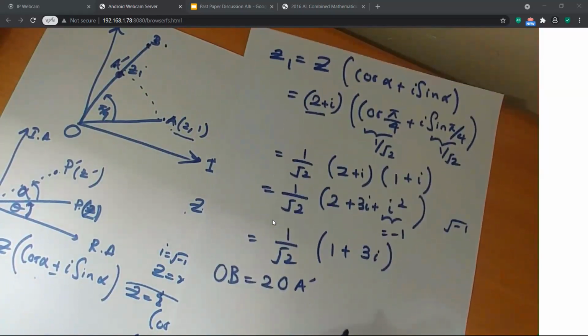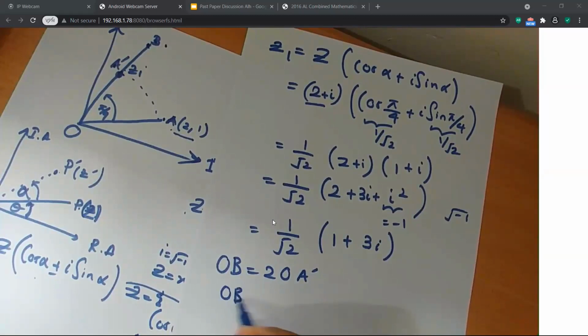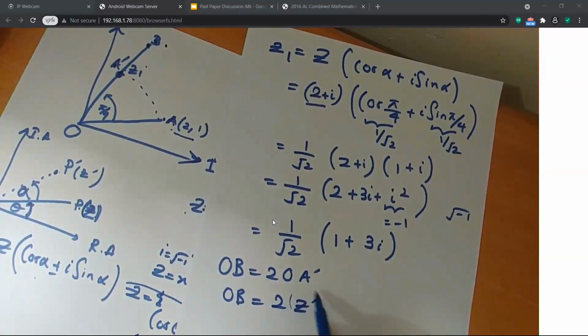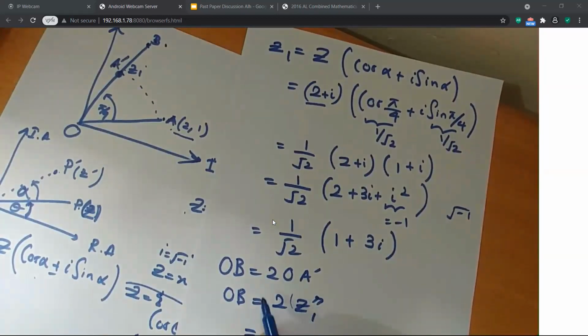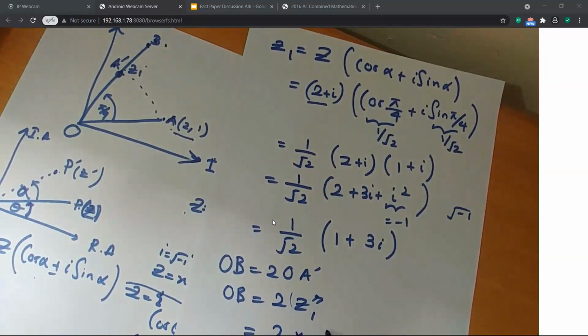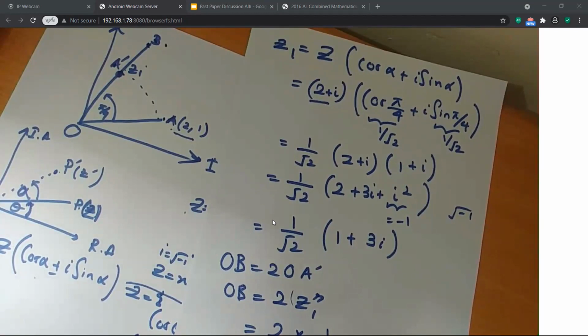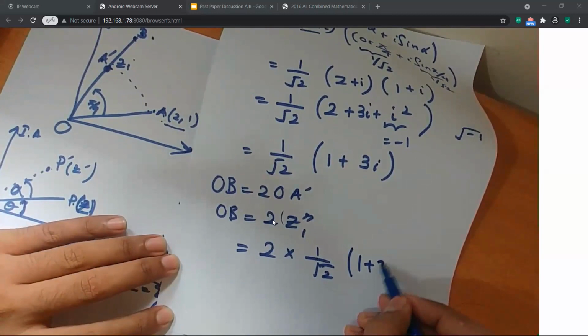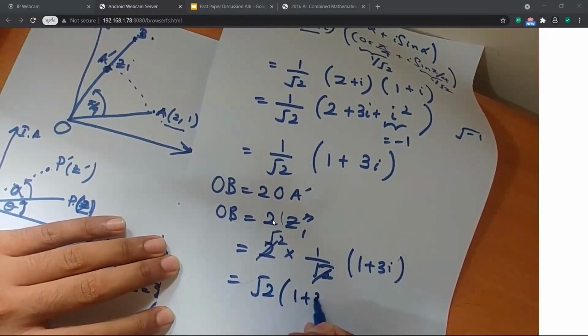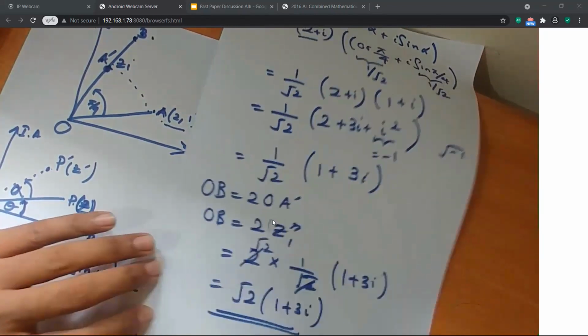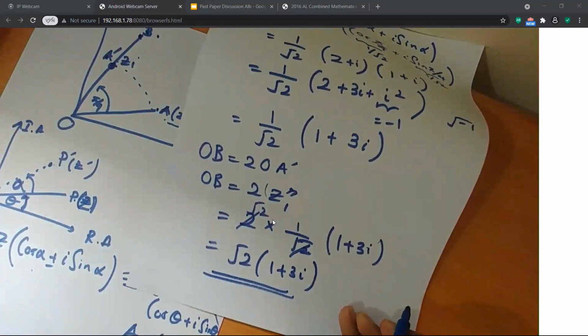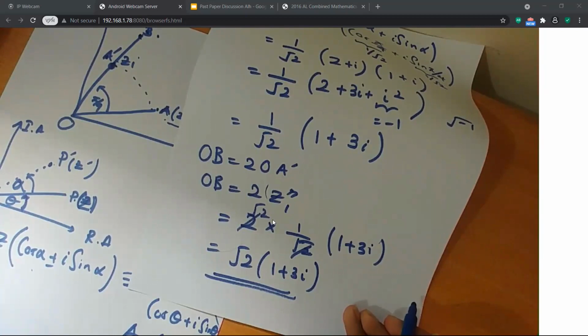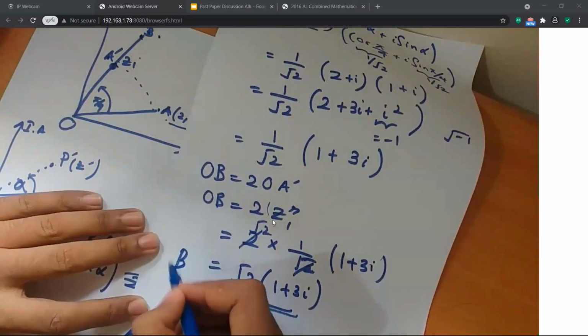So OB is equal to twice z1, because the size of OB is twice the size of OA. That is twice 1 over root 2 times (1 plus 3i), so that will be root 2 times (1 plus 3i). This is how you get the complex number represented by the point B.